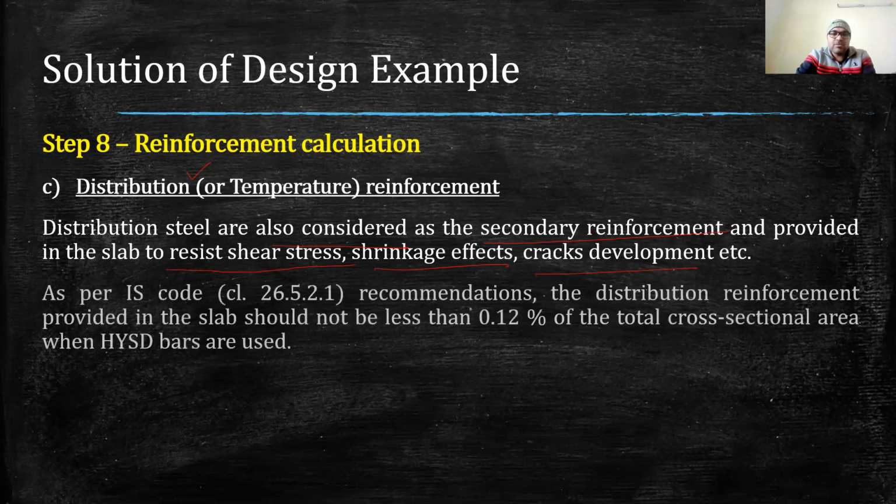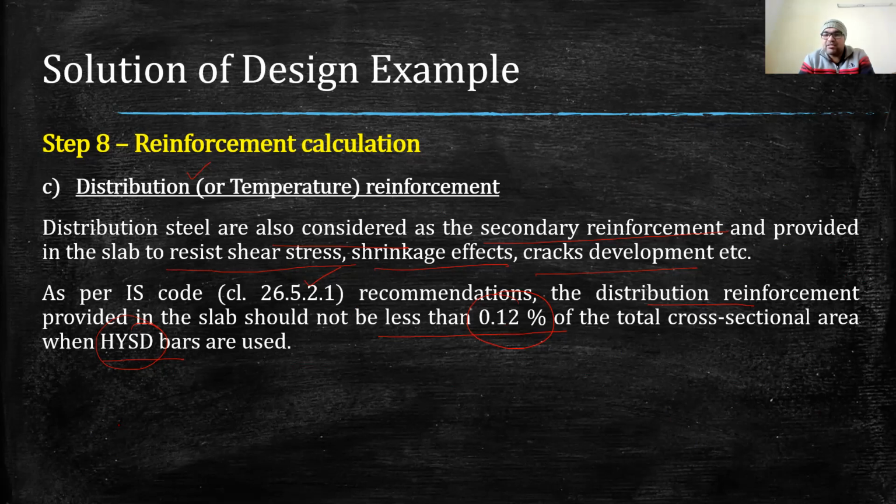So now, as per IS code, what should be the quantity of this secondary reinforcement? This is what IS code has recommended in clause number 26.5.2.1. As per this clause, the distribution reinforcement provided in the slab should not be less than 0.12% of the total cross-sectional area when HYSD bars are used. In case of HYSD bar it will be 0.12%, and in case of MS bar it will be 0.15%.